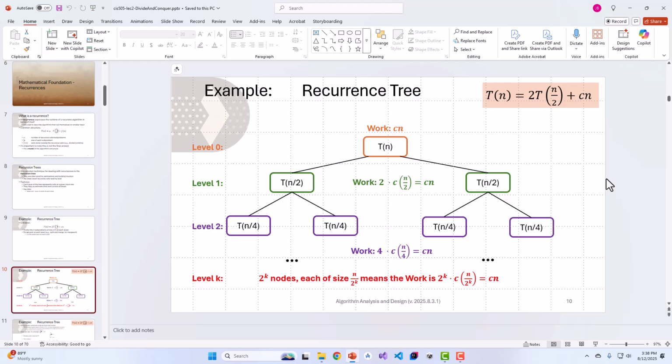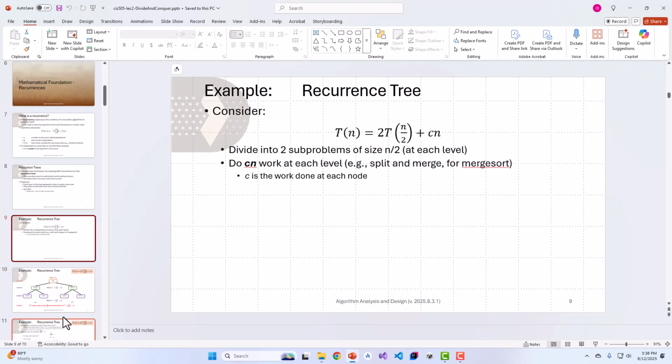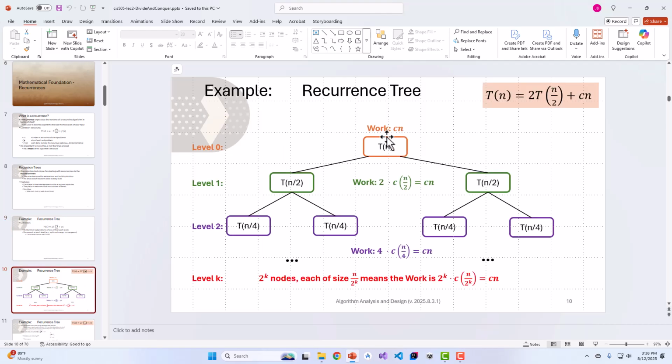All right, here's an example. This is what the recurrence tree looks like for 2T of n over 2 plus cn. You've got work at the top node, which is c times n, at this top call, which would be done after it recurses back.